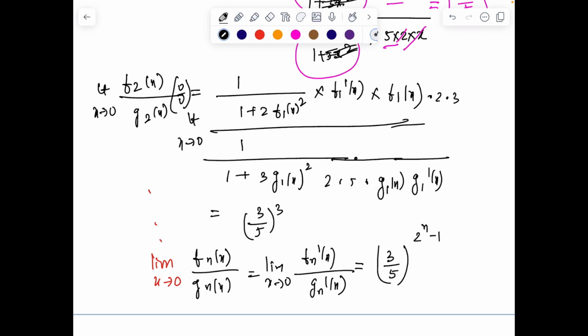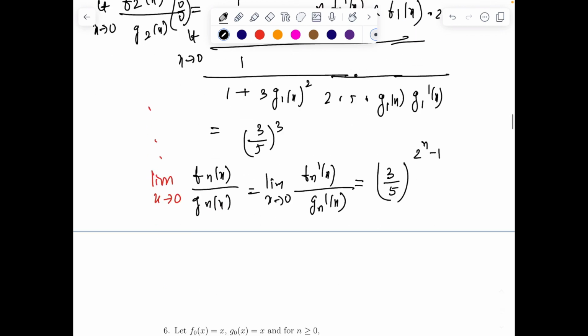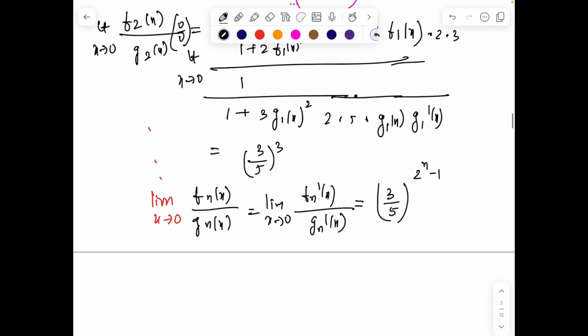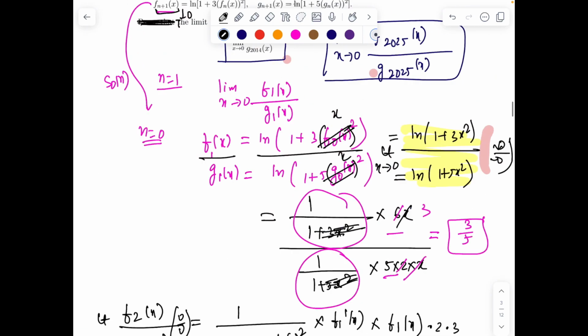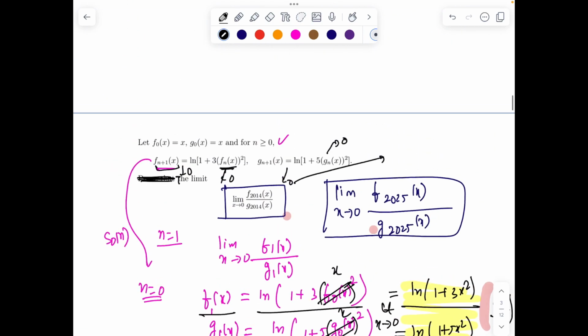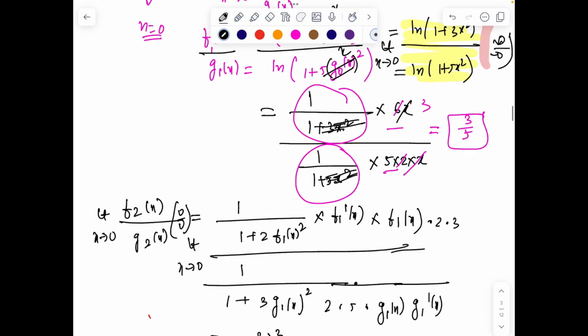So the final answer for this problem, if it is 2014, is 3 raised to power 2 raised to power 2014 minus 1 divided by 5 raised to power 2 raised to power 2014 minus 1. Similarly, instead of 2014 you can put 2025 to get the answer for that problem.